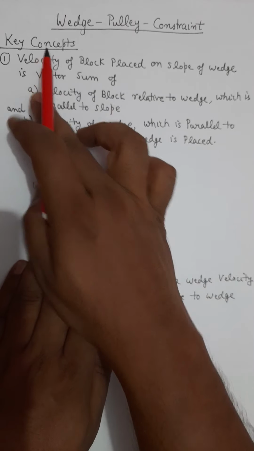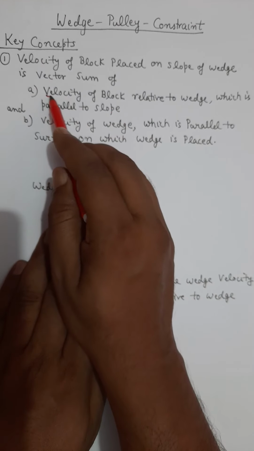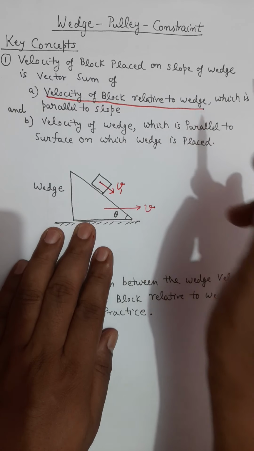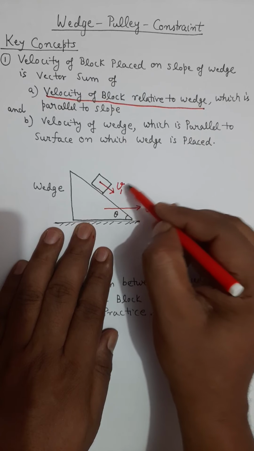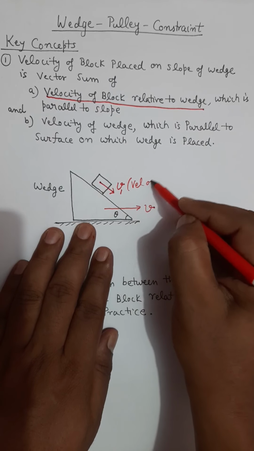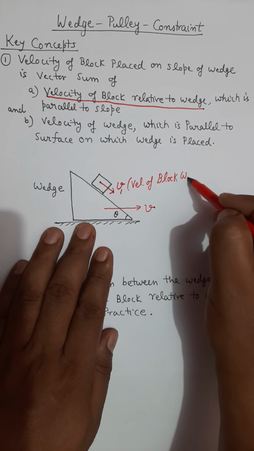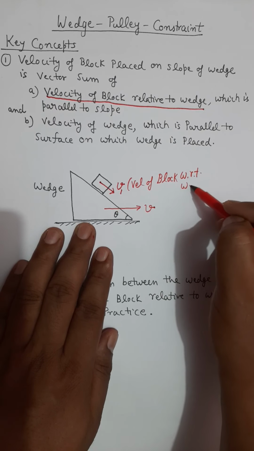That is my point number A. This velocity is known as the velocity of the block relative to the wedge. So this v1 will be called the velocity of our block with respect to, or relative to, the wedge.